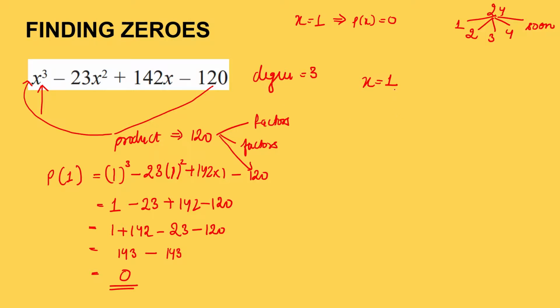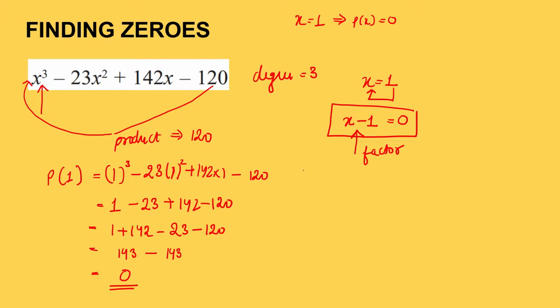So what we will do, we will send this 1 to the other side. X minus 1 is equal to 0, and this is our factor. Now x minus 1 is one of the factors. Next thing what you can do, divide this given polynomial with x minus 1 with proper long division.